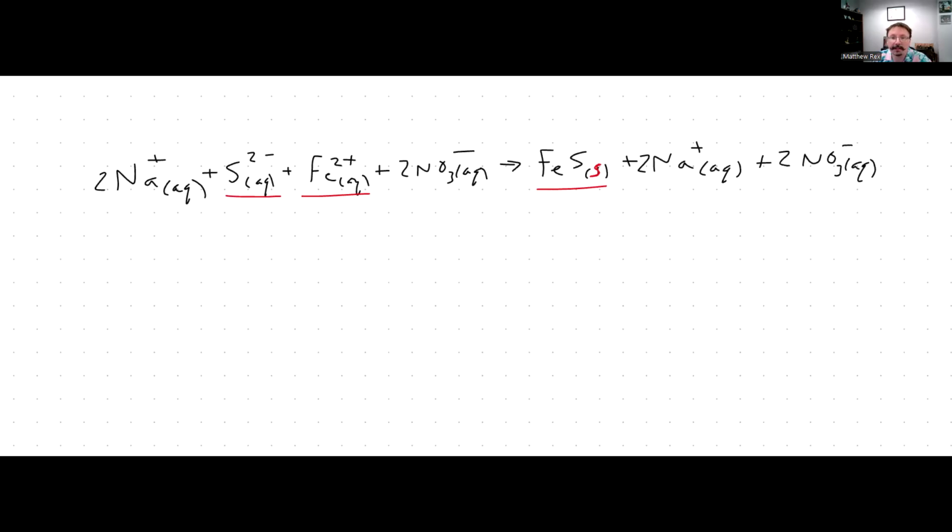And then what didn't go into making that, or essentially what is unchanged, would be the sodium. There are 2 Na plus aqueous on the left side and the exact same thing on the right. And then also the nitrate. So my spectator ions would be the Na plus and the nitrate, the NO3 minus.